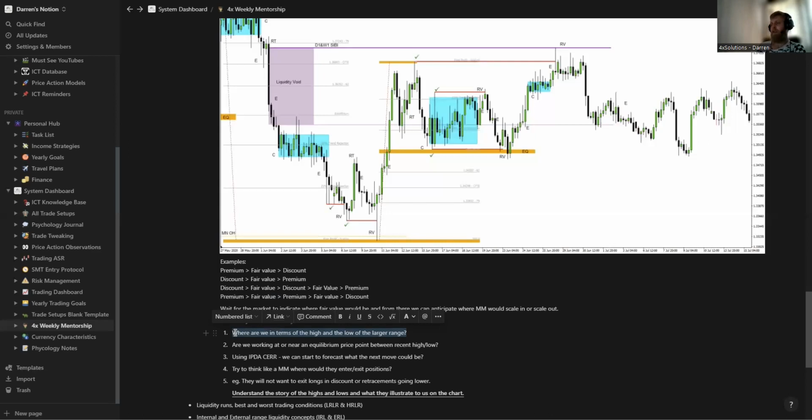Because if that's the case, then it allows us to say, well, we can expect buying or expect selling because we understand what's happening in terms of the larger range. Are we working at or near an equilibrium price point between a recent high or a recent low? So generally, with an equilibrium, it's not the best place to buy or to sell, and you want to be a seller or a buyer below the equilibrium.